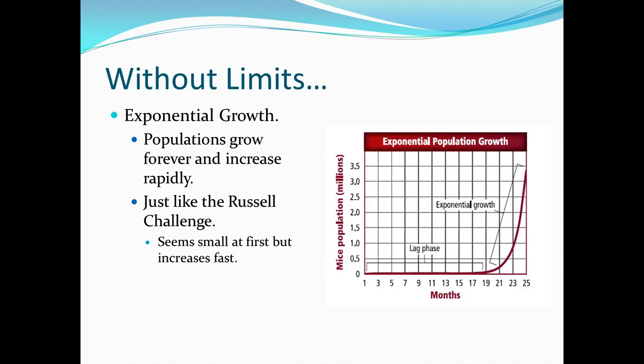Okay, now there are two growth models we talk about in population dynamics, and both of these are a little bit deceptive because they're not the full story. The first one we call the exponential growth model. This is like the Russell challenge I gave you guys in class, where you start off with a very small number and it slowly increases for a few turns and then rapidly increases over time. Every population in the world grows like this.